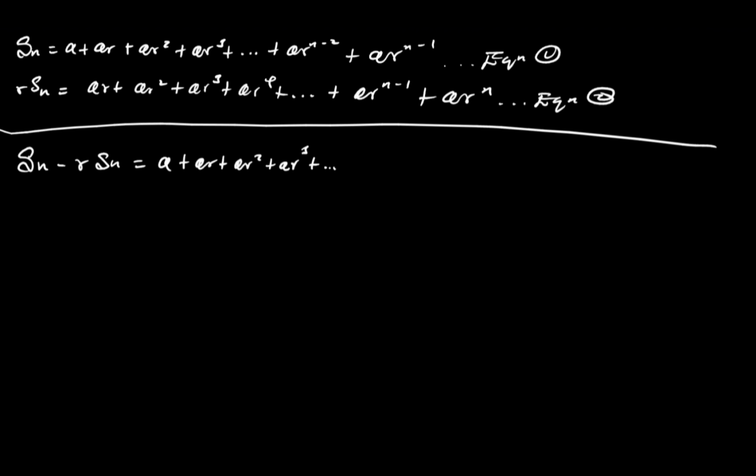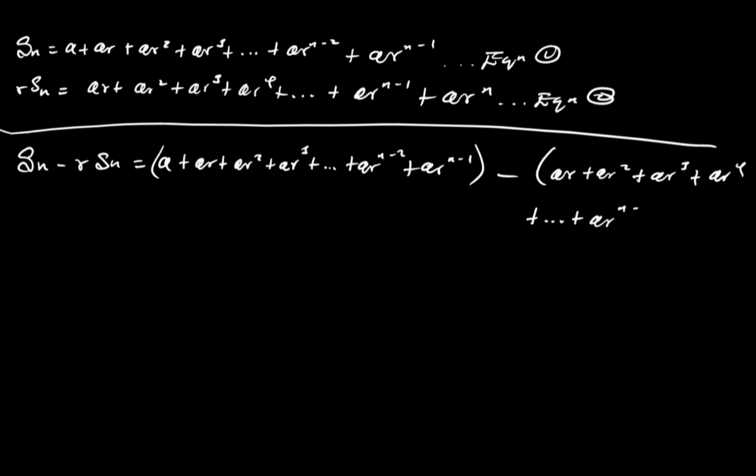So this is equation number 1 that I'm writing, plus ar to the n minus 2 plus ar to the n minus 1. And the whole of this is being subtracted by ar plus ar squared plus ar cubed plus ar to the 4th plus dot dot dot plus ar to the n minus 1 plus ar to the n.